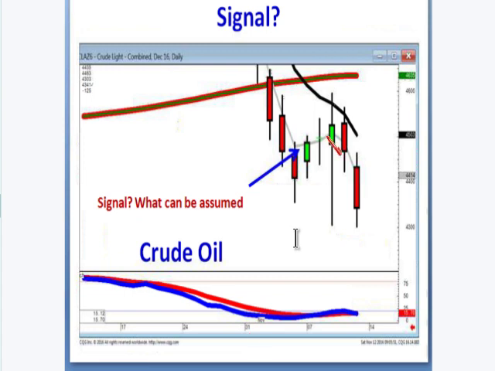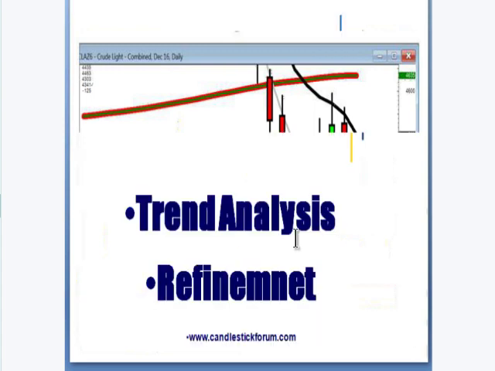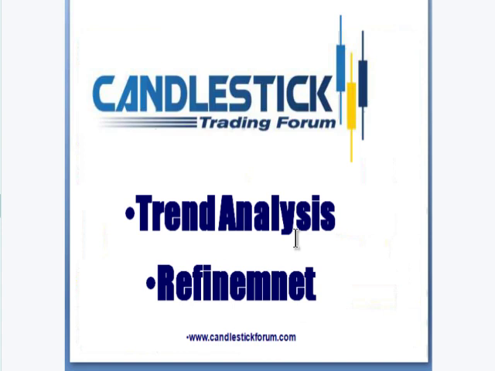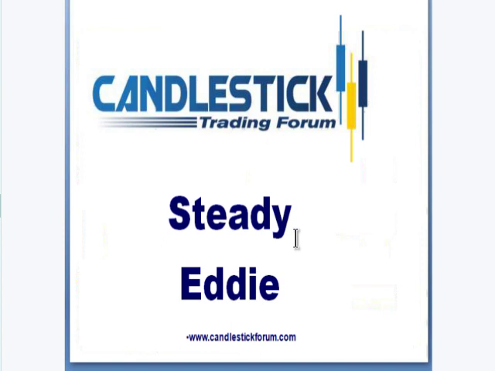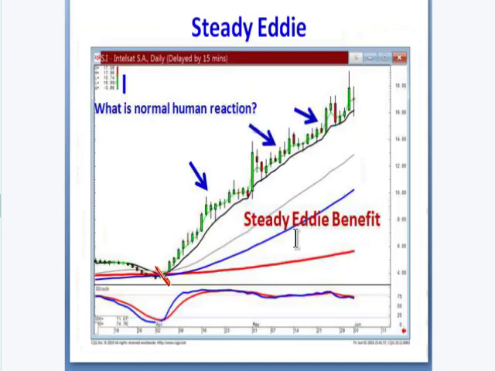Yeah, so they may, and again, notice how far away you moved from the T-line. So that's probably going to be a little bit of a bounce here. When we can do trend analysis refinement, for example, the steady eddy is one that if we start identifying that the steady eddy continues to move and stays above the T-line, if we're using my simple money management system that I might have 10 equal dollar amount positions on, if I've got 3 of them that are steady eddies, it only takes 4 seconds to analyze what to do when I bring up this chart.